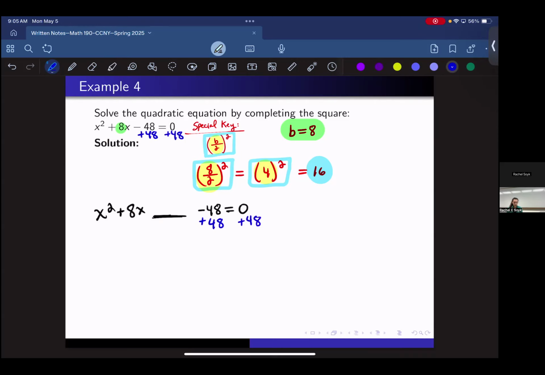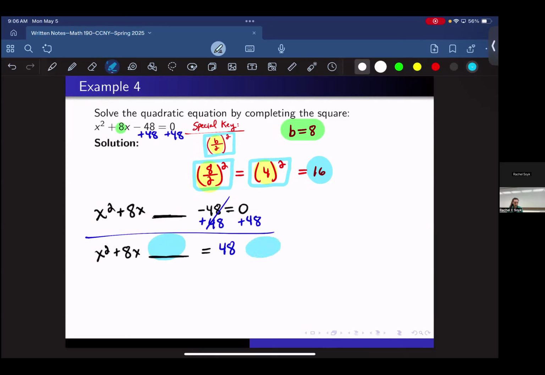If you want to do it in your first step, I highly recommend that. So now we have x squared plus 8x, this little placeholder, is equal to 48. And the purpose of that placeholder is that's where we're adding in our new constant.